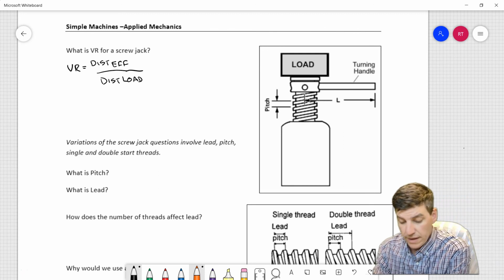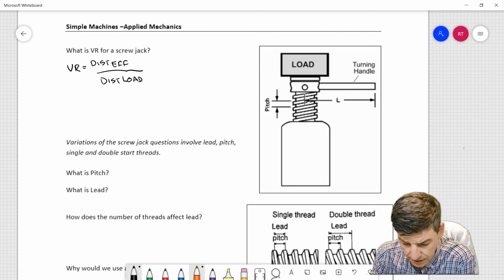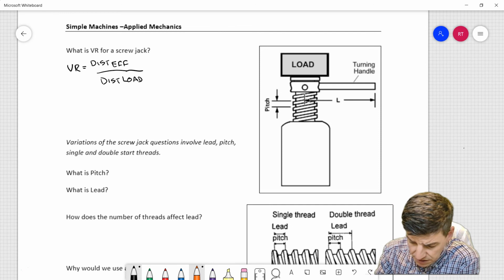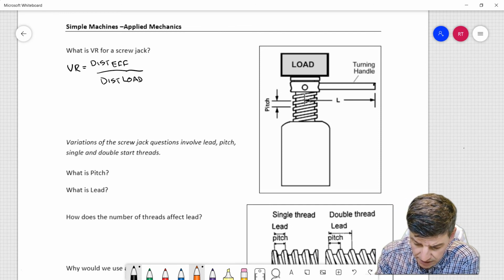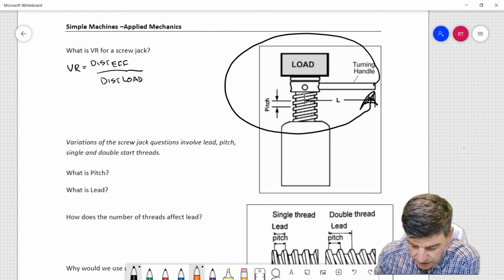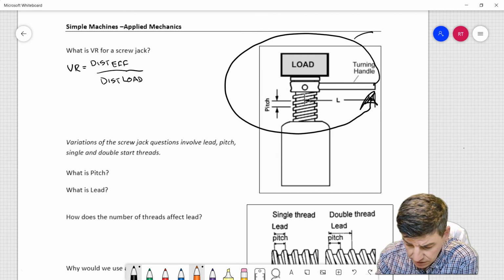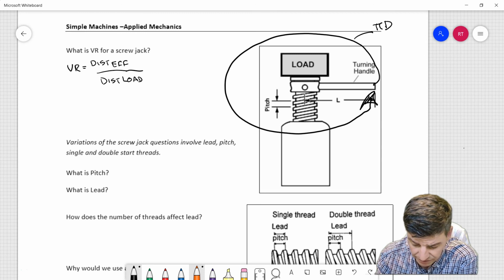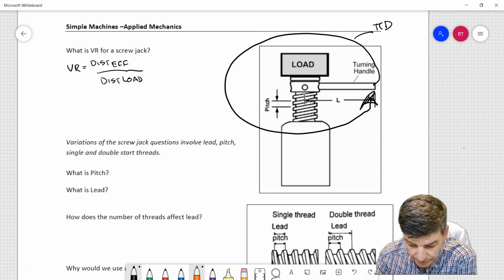If we were to figure out our distances, what we would consider is what would happen in one revolution. If we take our handle and do a complete revolution, how far did it go? It created a circle, and that circle would have a circumference of pi d.